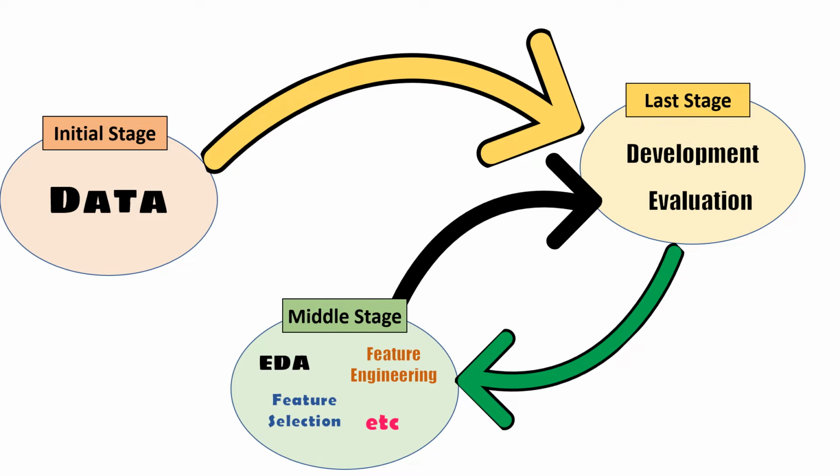Then you come back, run the model again, and keep doing this until you get a satisfactory result. In this video we will try a combination of both of these approaches as we progress.